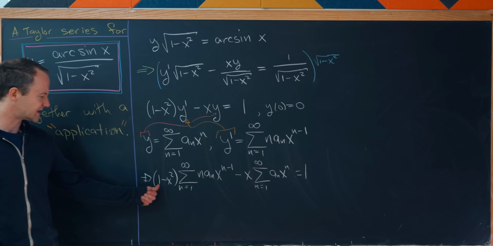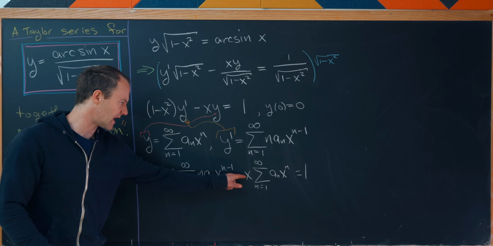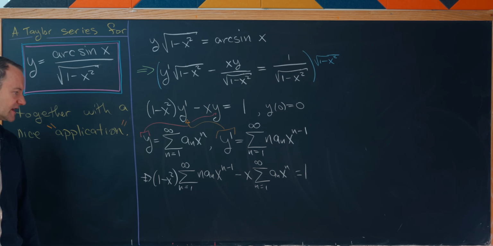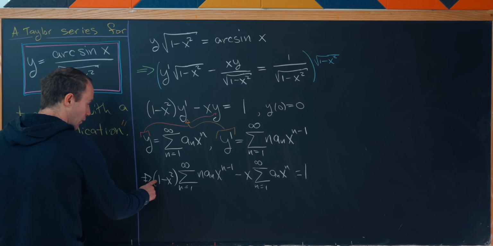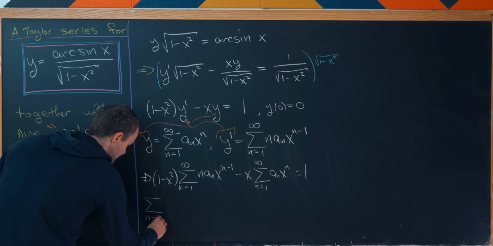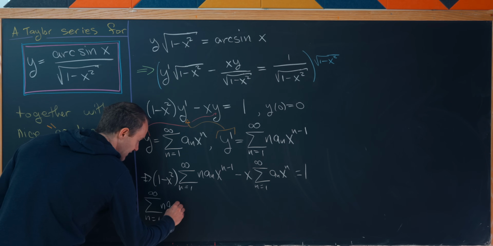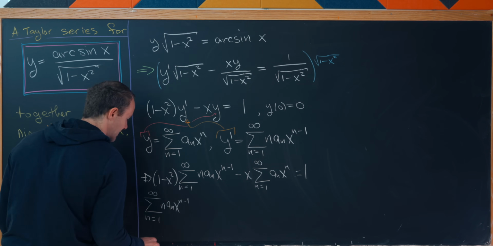But now what I'll do is I'll distribute this first term out, and then I'll multiply this x into the second term. So let's see, the 1 multiplied onto this sum will just give us the sum. So I'll copy that down. The sum as n goes from 1 to infinity of n times a sub n times x to the n minus 1.